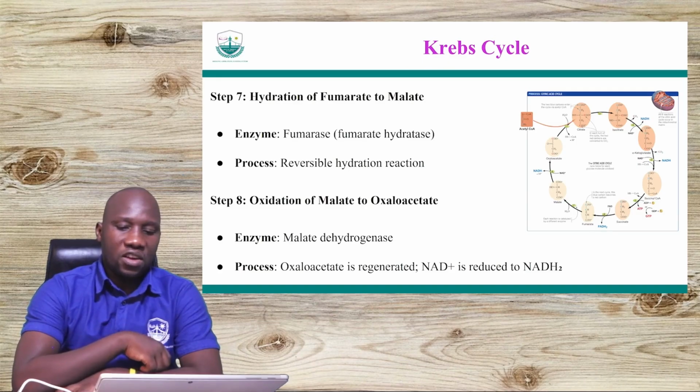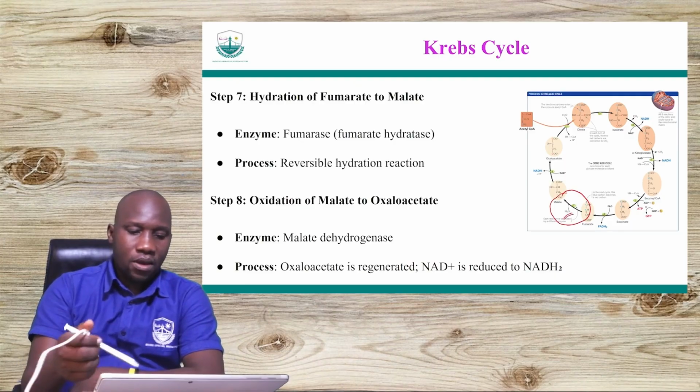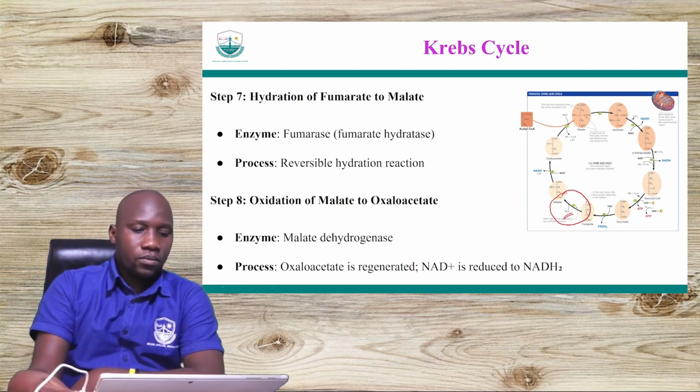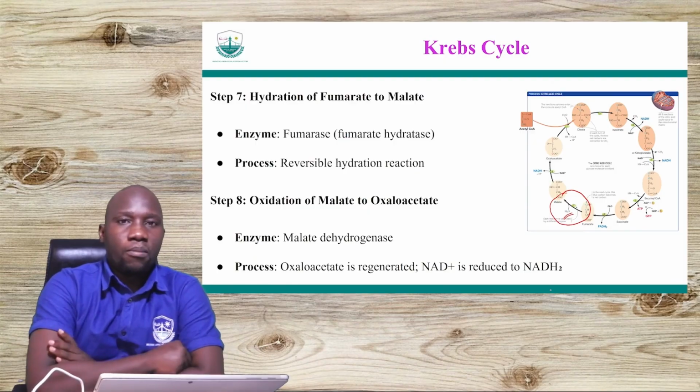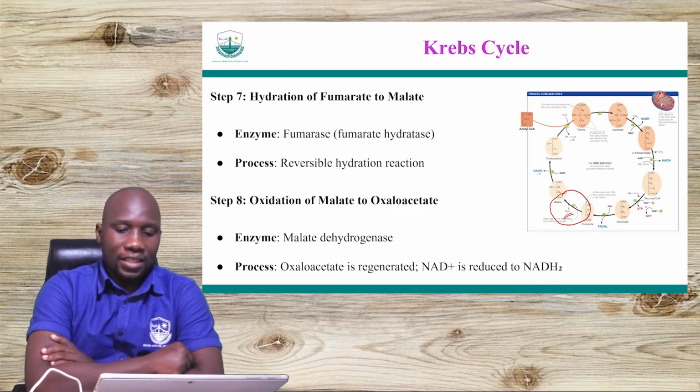Okay, so the other reactions, you're having hydration, that is addition of water. At this point, if you can see, addition of water to fumarate to form malate. And then finally you have oxidation of malate to oxaloacetate.